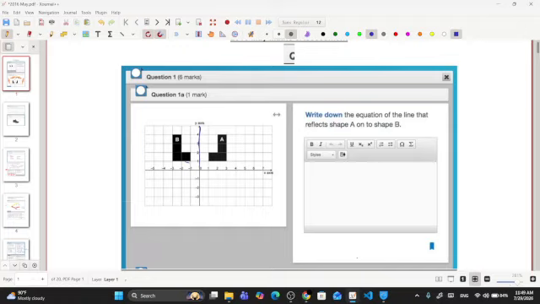Without a shadow of doubt, we can see in a very crystal clear manner that the line shown is the y axis. But if someone writes the answer as y axis, that's not going to be considered correct. Why? Because we have to give the equation. The y axis has the equation x equals 0. So that would be the right answer.